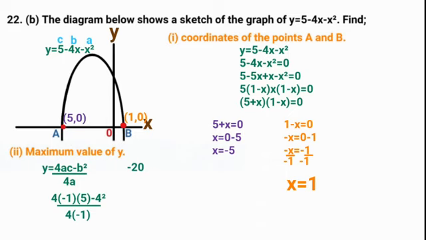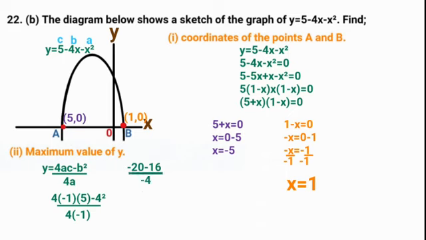Then we focus on negative 4 squared. Negative 4 squared is going to give us positive 16, so it's minus 16. Then that will be over 4 times negative 1, which gives us negative 4.